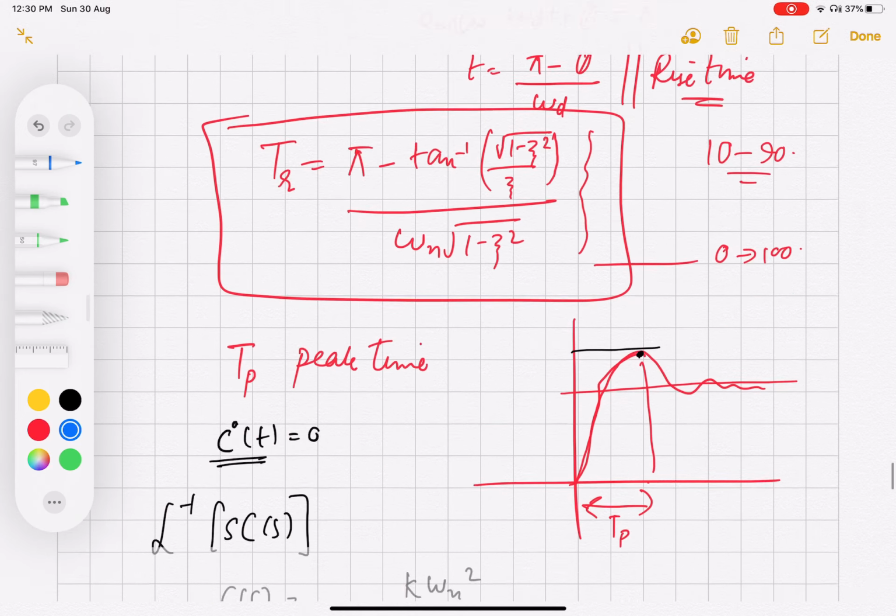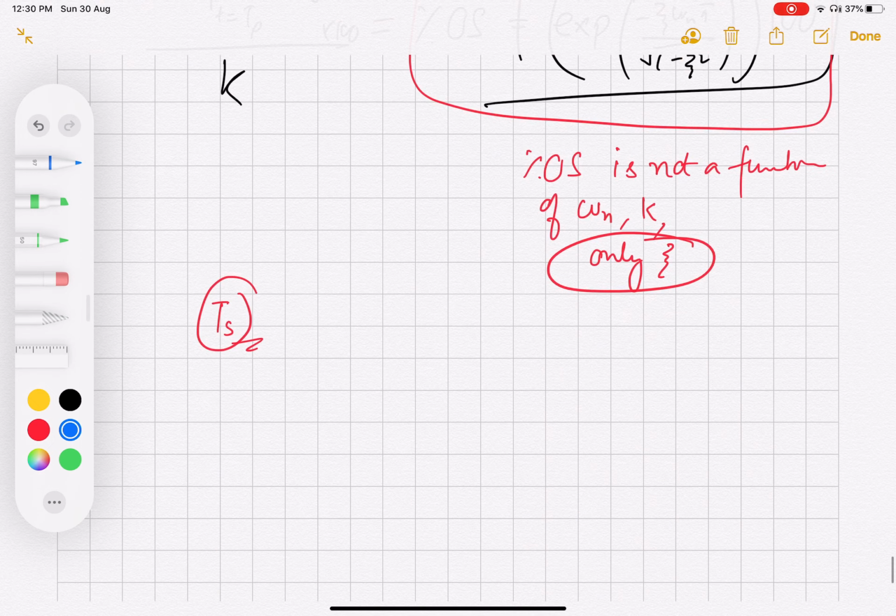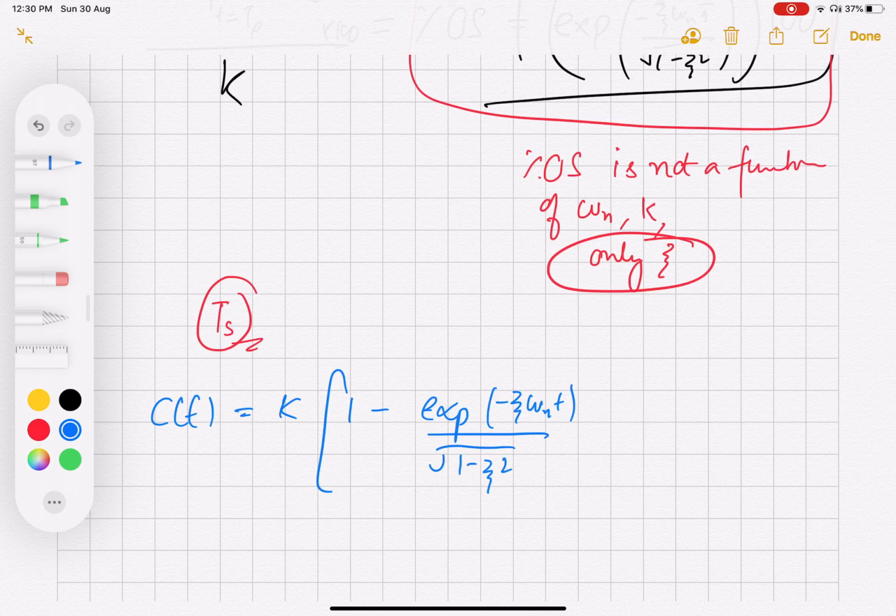So let me write down, and that is going to help us in finding the peak time. So we wrote the expression like this: k times 1 minus exponential minus zeta omega nt under root of 1 minus zeta square, and then inside we have cos omega dt minus phi.